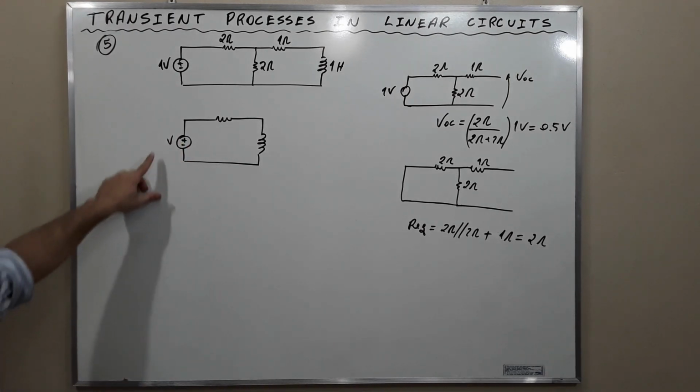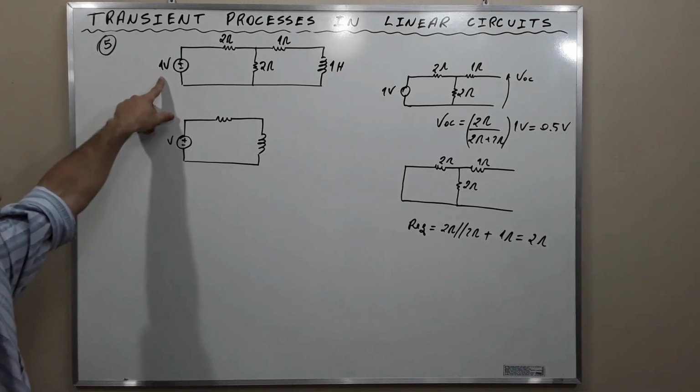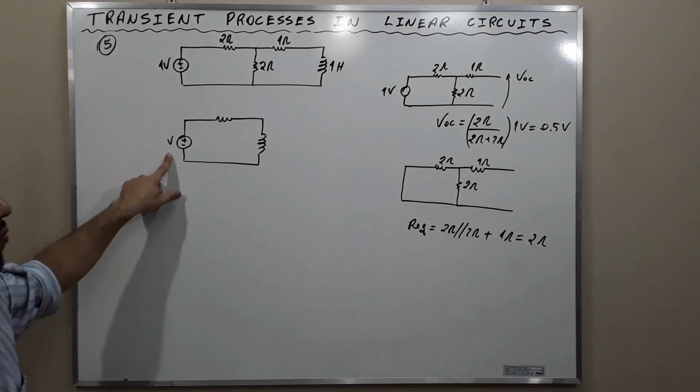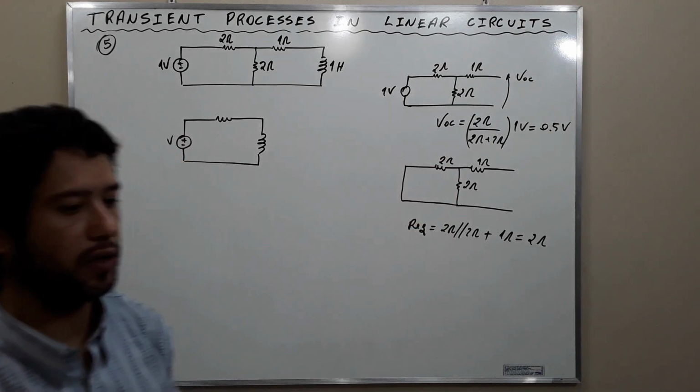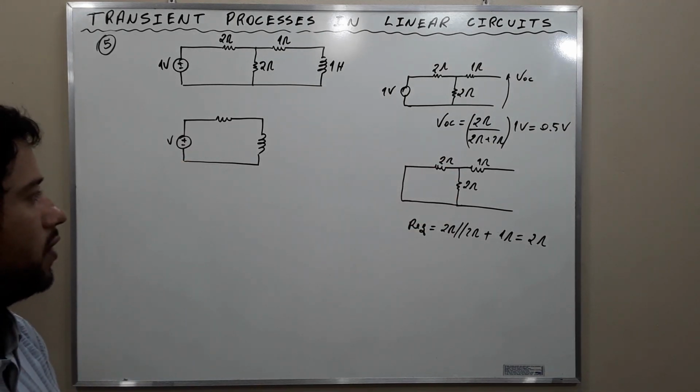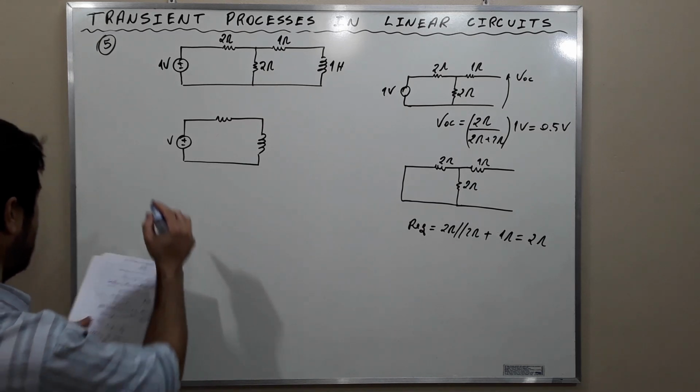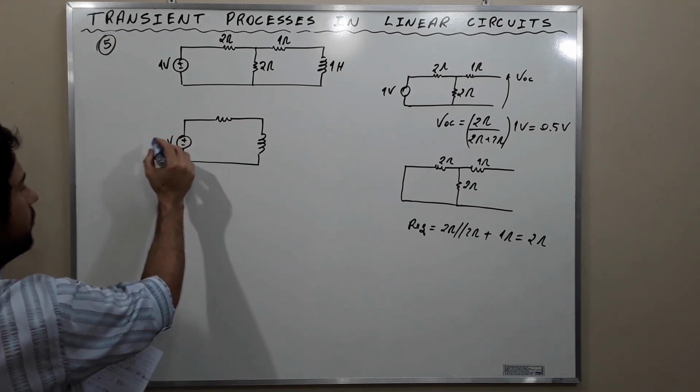Here we don't use the voltage given, here we use the open circuit voltage that we calculated for the Thevenin's equivalent circuit. It is going to be here 0.5.